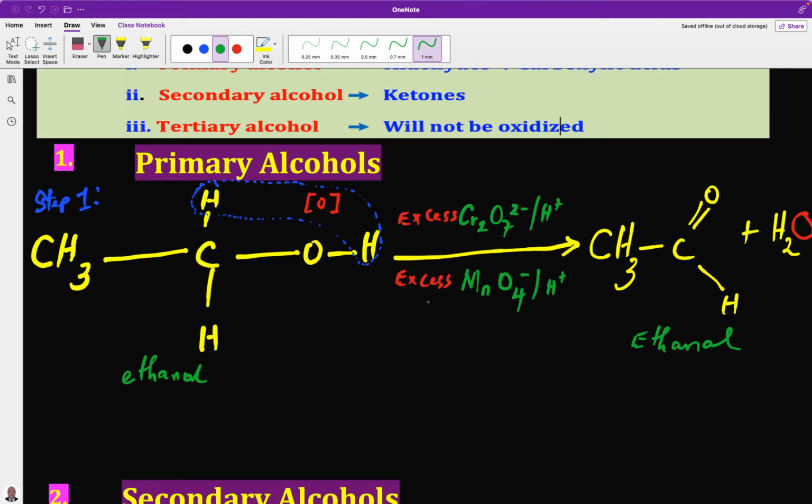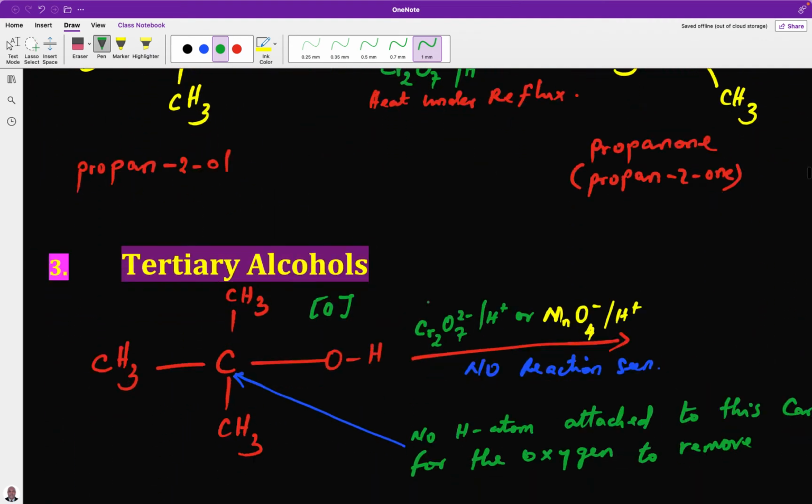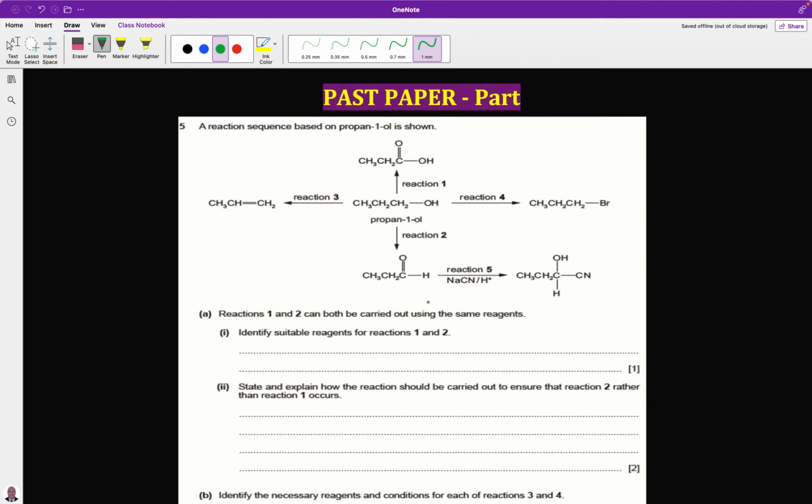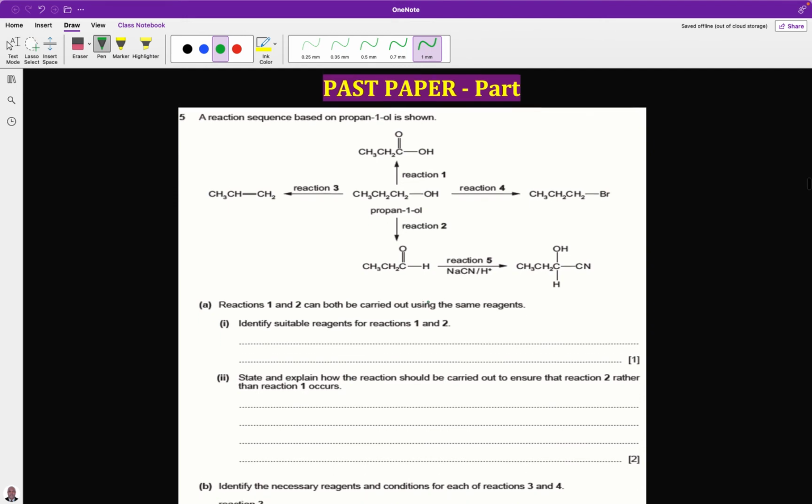Okay, let's proceed to our question paper. Our question paper is part of question number 5. A reaction sequence based on propan-1-ol is shown below.